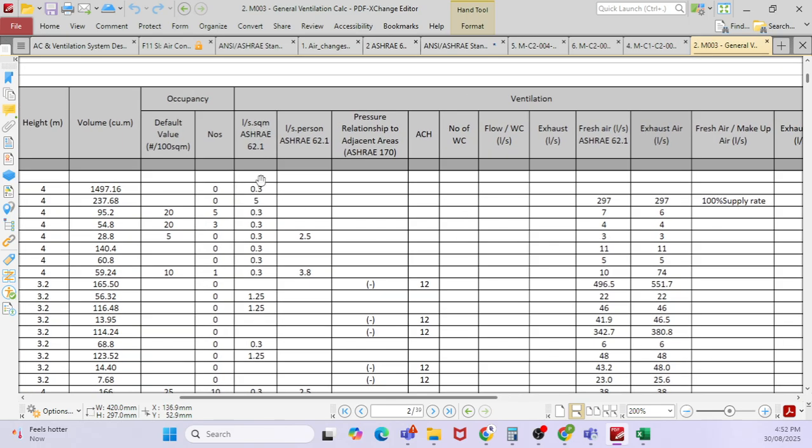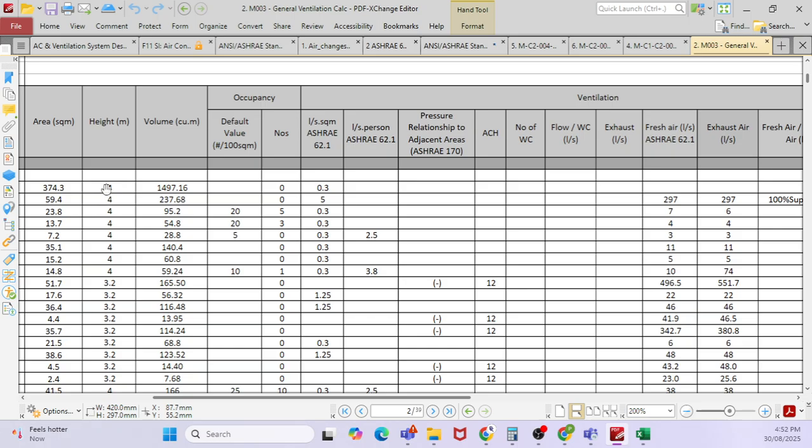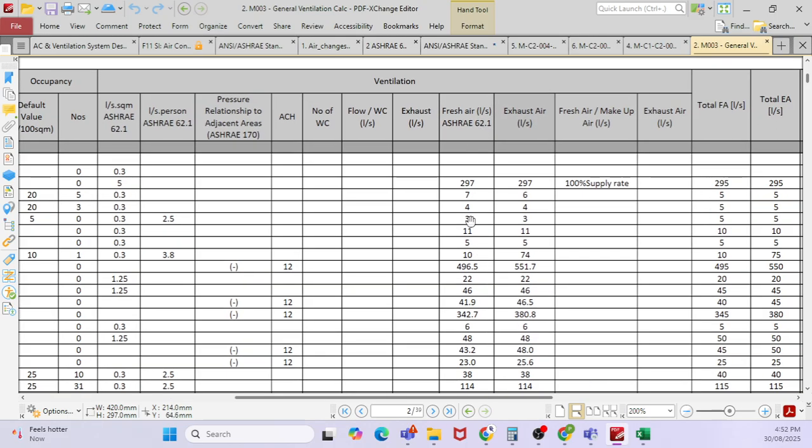Liter per second per meter square multiplied by meter square area. So I will get total fresh air liter per second plus for the occupancy liter per second per person multiplied by number of person. I will get how much liter per second required for the people. So when I add together, I know what is the total fresh air requirement. Correct? So then when I multiply by 0.85 percentage, I will get exhaust air.